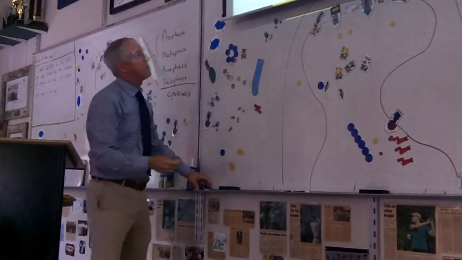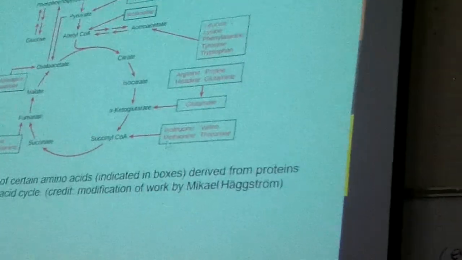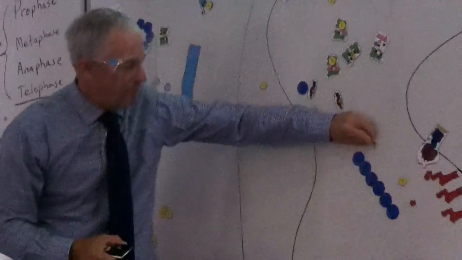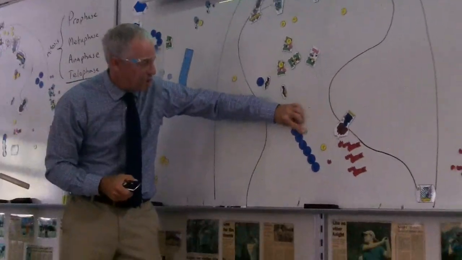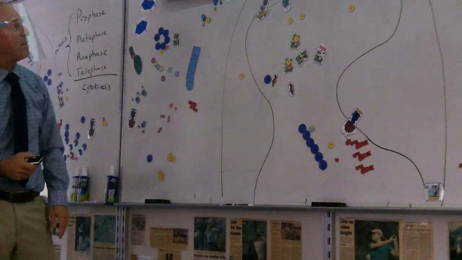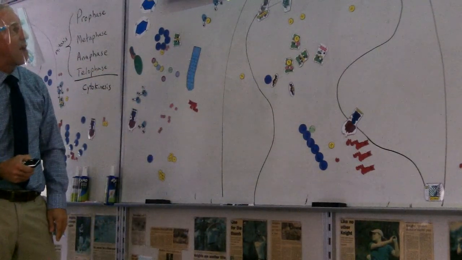Methionine. Do you see methionine up there anywhere? There it is. This amino acid right here could get in the mitochondrion and attach to or become part of the citric acid cycle and be broken down further. It ties in right here at this point in the citric acid cycle.